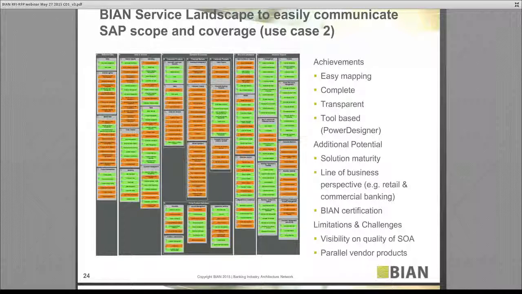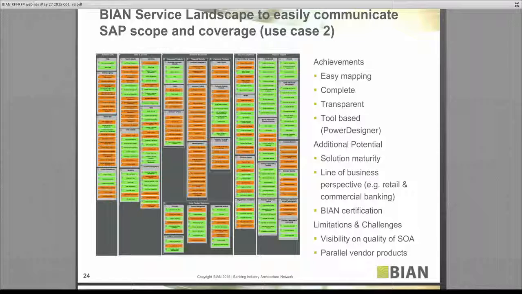Independent of a concrete scenario, we have mapped, of course, our complete portfolio against BIAN. And via that, we are in a position to communicate out of the box what capabilities we are able with a packaged solution to support, and what are the components we are not able to support. So that is a static picture, not talking about business processes, but a cornerstone to respond to any RFI RFP.